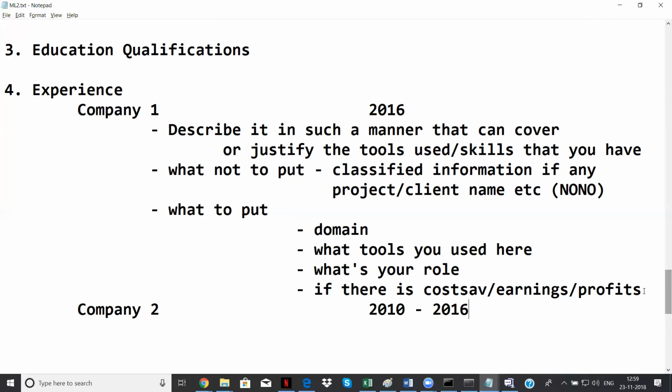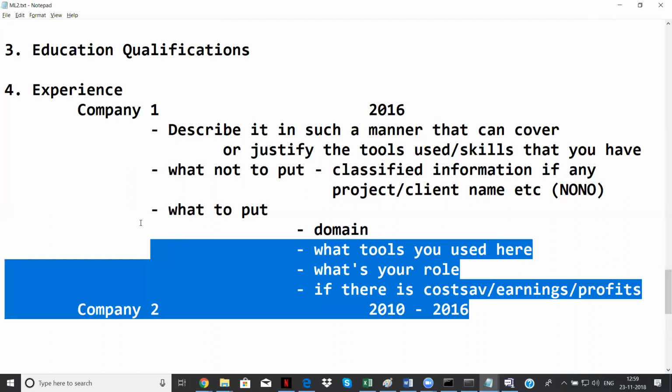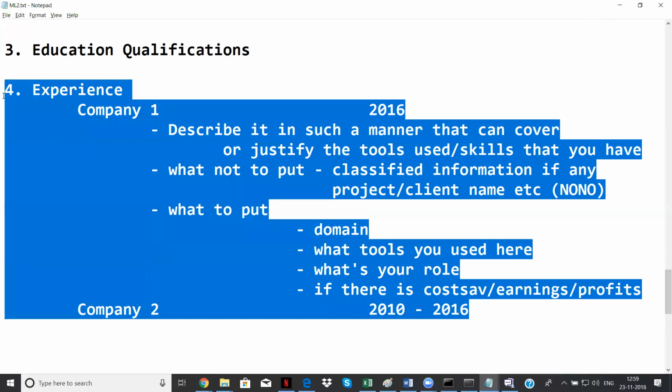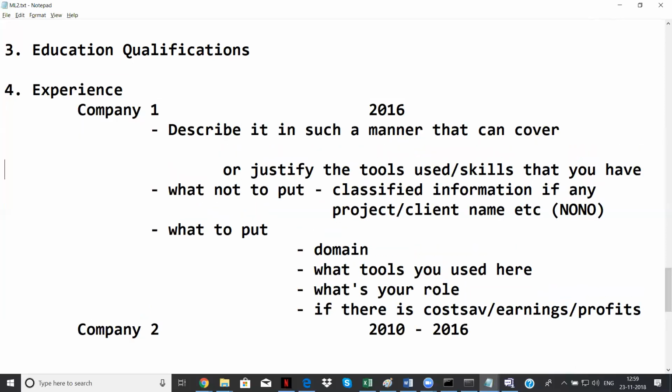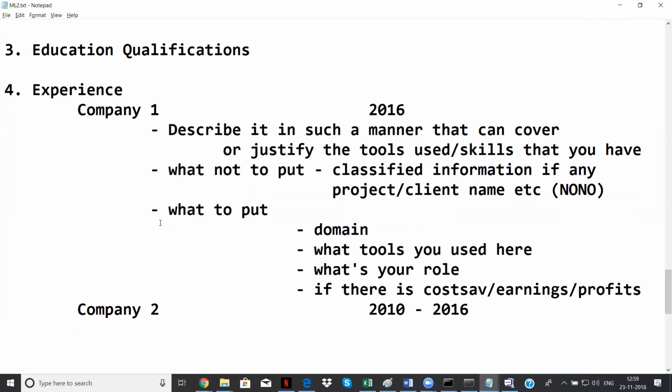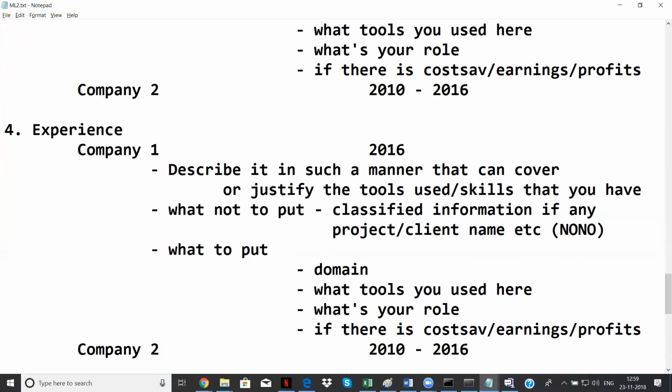Now, like I said, this is for someone who actually has experience. Now, let's say you are a complete fresher and you don't have any experience. Here is where you have to mention academic projects or project experience. This is the experience that you have to mention as a part of the projects that you have done.